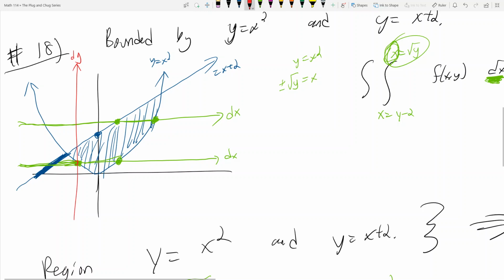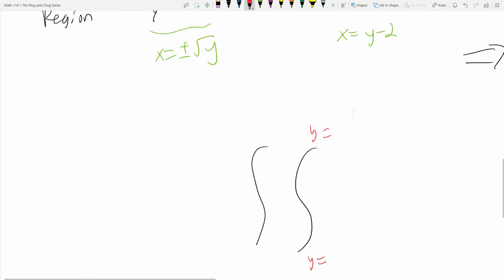What happens? I hit the parabola, I hit the line. What if I do it over here? I hit the parabola, I hit the line. What if I do it way over here? I hit the parabola, I hit the line. Everywhere you draw a vertical line parallel to the y-axis, you're going to hit the parabola first, and then you're going to hit that line.